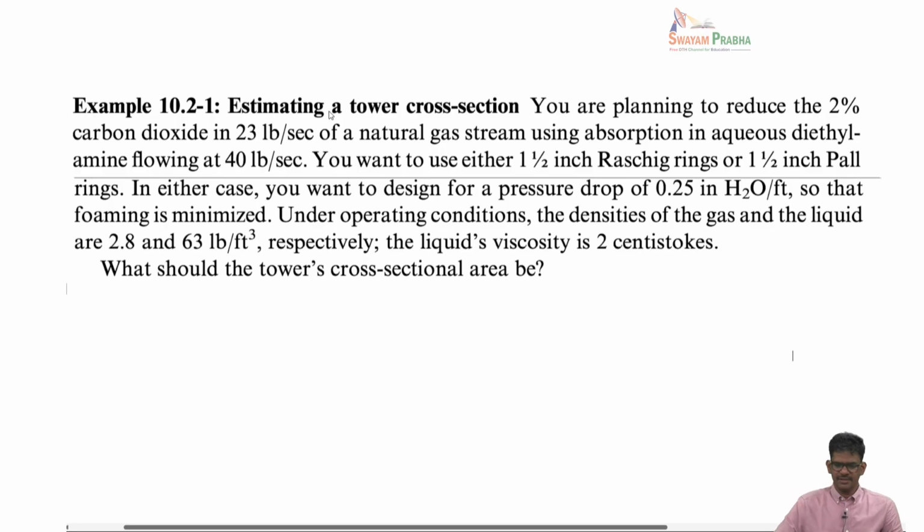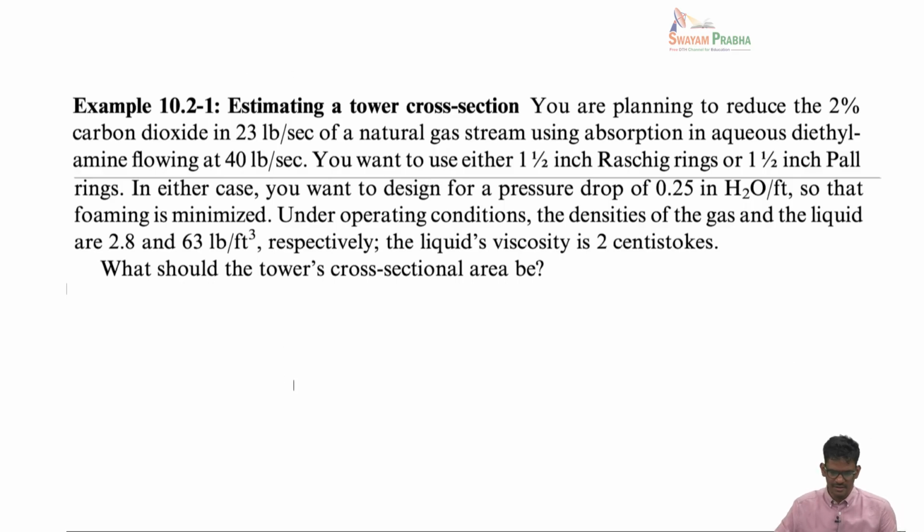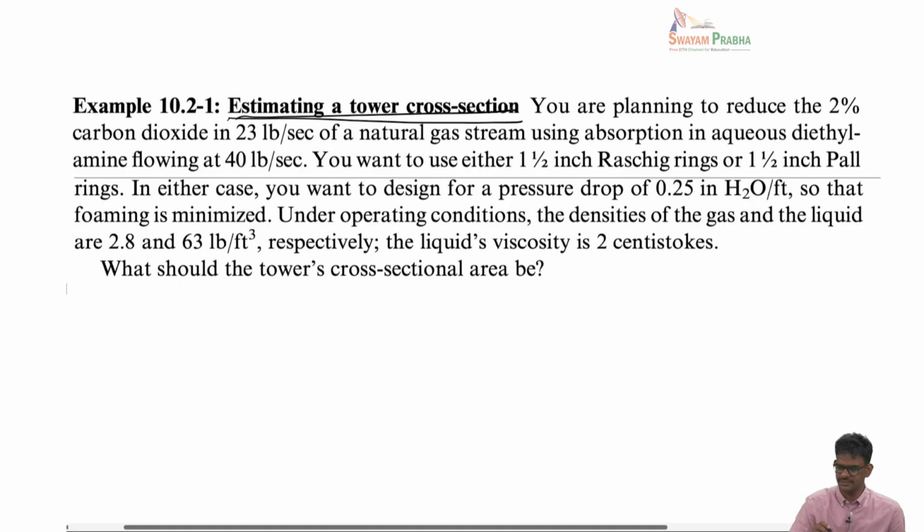You can see that this is basically about estimating the tower cross section. Whenever we want to do tower cross section or tower diameter, we have to deal with the pressure drop calculations.